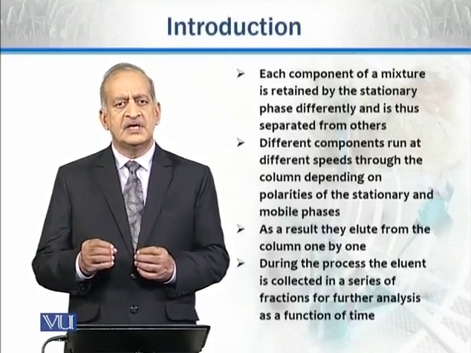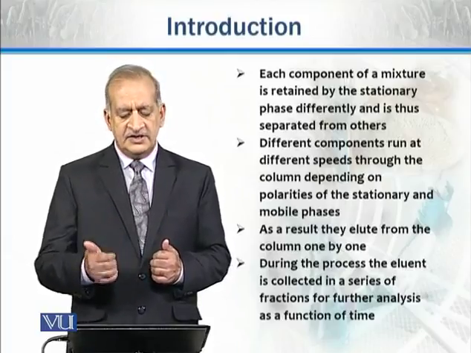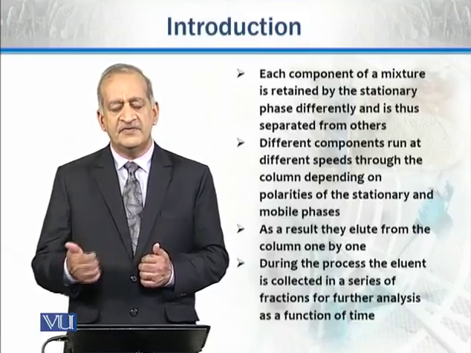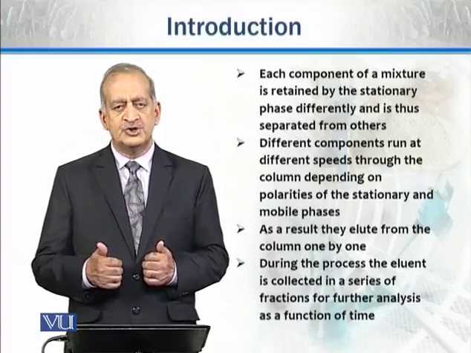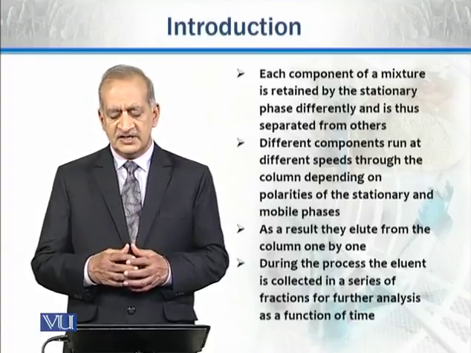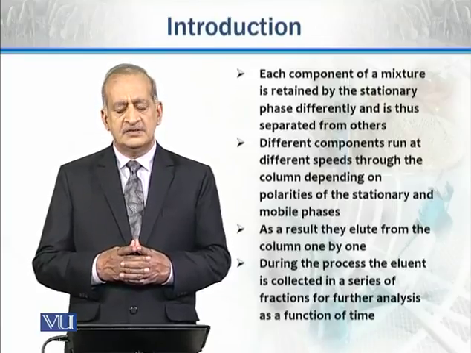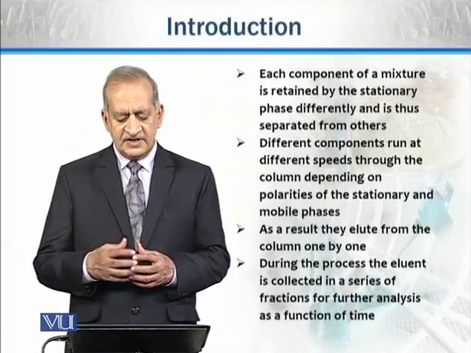Since different components of a mixture interact with the stationary phase and mobile phase differently, their passage through the column takes place at different times. As a result, they elute from the column one by one and at different times.